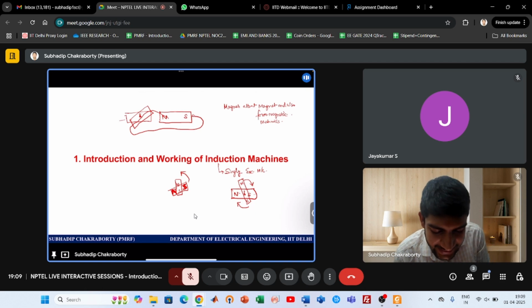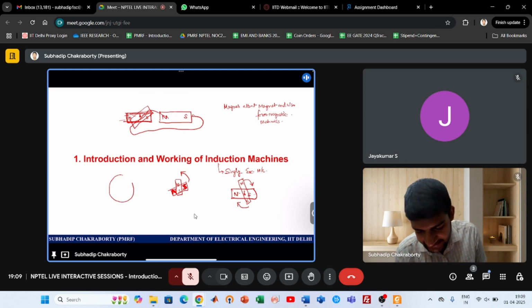It will try to align completely with the field, because it induces a form of N and S poles. Some kind of induction happens, an alignment of the dipoles you can also say, and it tries to align. So that's how a machine also works. An induction machine, we call it a singly excited machine because you have the stator.